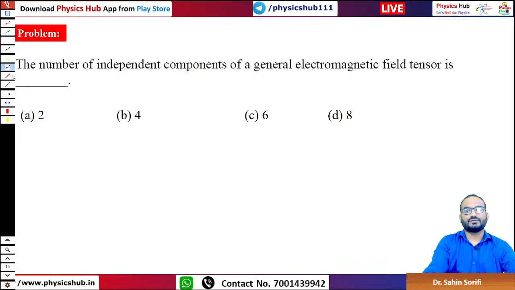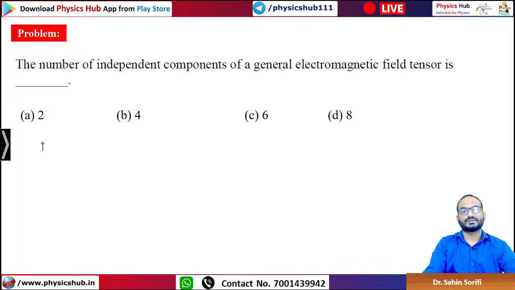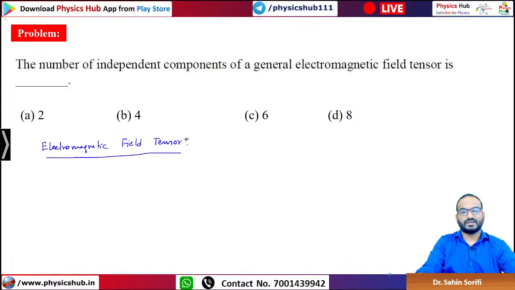Look, if you do not know about the electromagnetic field tensor, we will be discussing it when we cover the special theory of relativity, but for the time being I am just giving you that the electromagnetic field tensor is represented by F mu nu. This is a tensor.